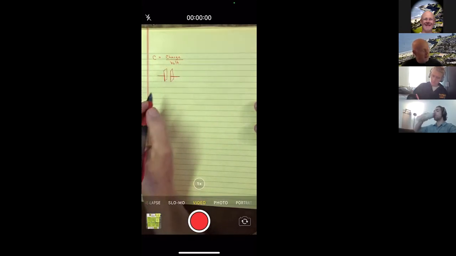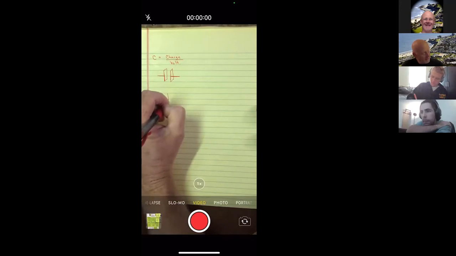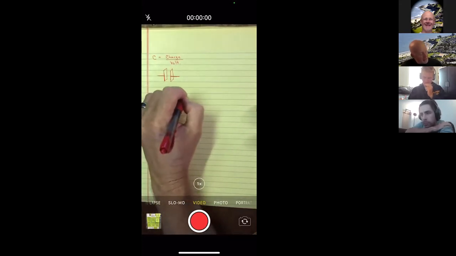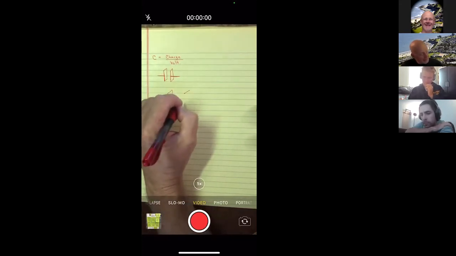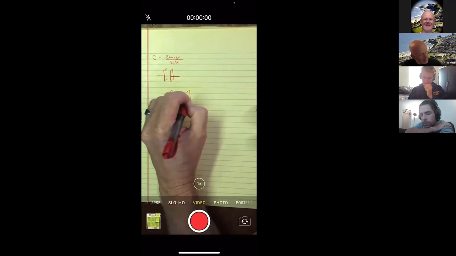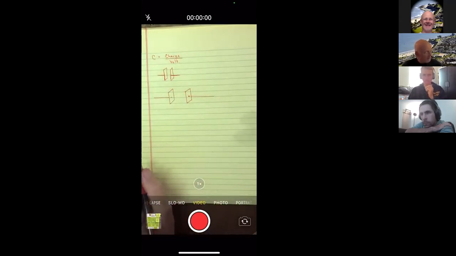Okay. Let me do a little better. Here's plate 1. I'll put a little electrode right here going back. Here's plate 2. The electrode right in the center going back. I like that better. Okay.